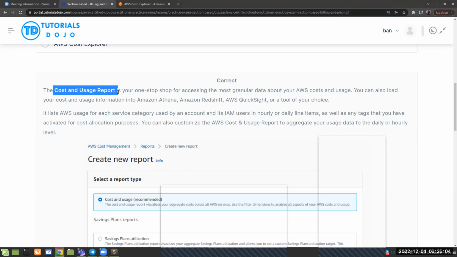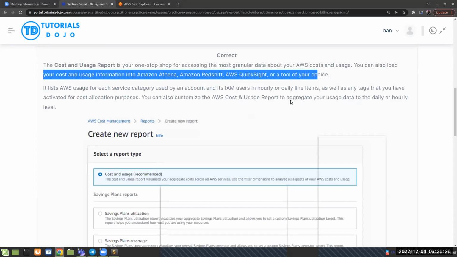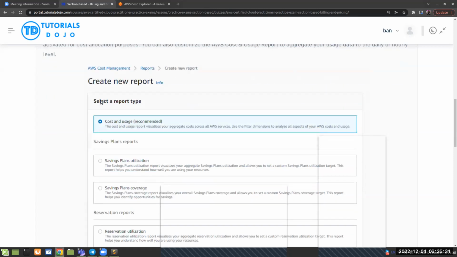And you can only do that with cost and usage report. There are some questions that always test to see if you know which report you can send to these services. It lists AWS usage for each service category used by an account and its IAM users in hourly or daily lines, as well as any tags that you have activated for cost allocation purposes. You can also customize the usage report to aggregate your usage data to the daily or hourly level.